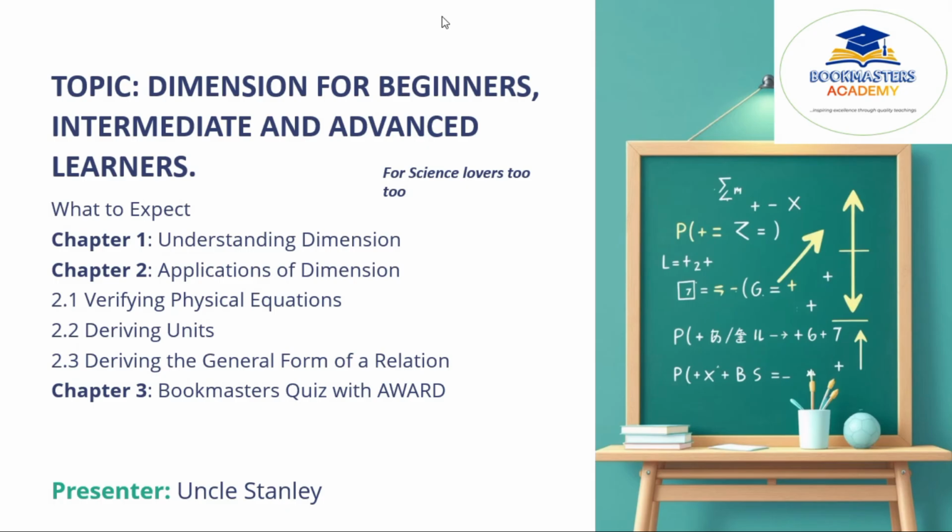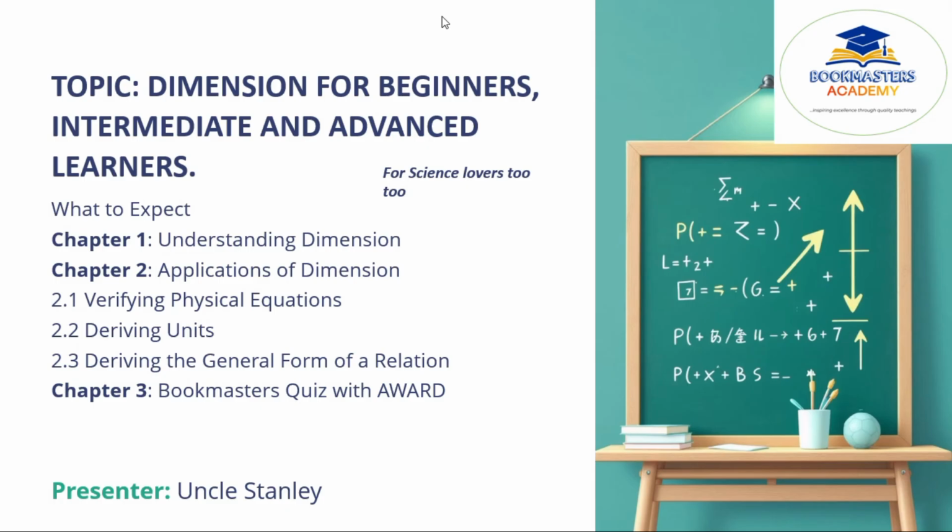We'll also be putting in a lot of JAMB questions and potential questions for external exams. In chapter 2, we're going to see the applications of dimension, where we'll look at how dimension is used to verify physical equations.